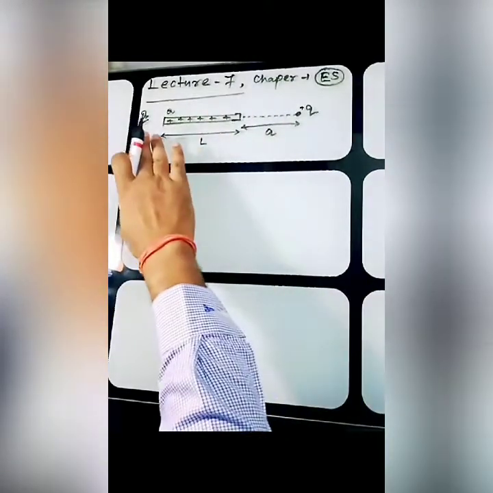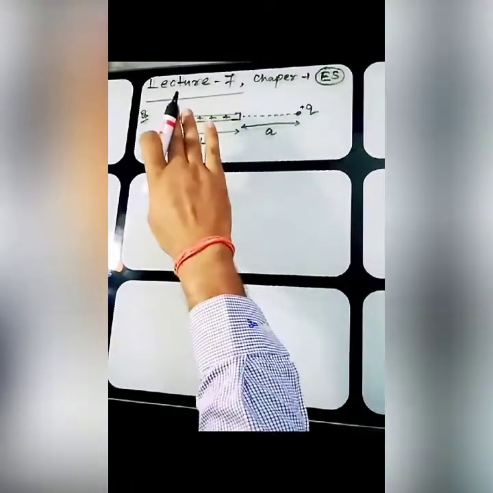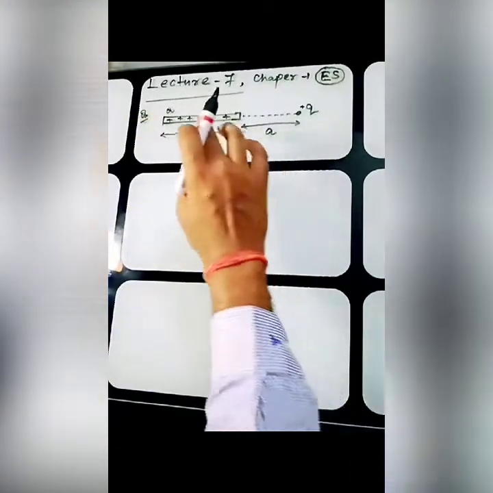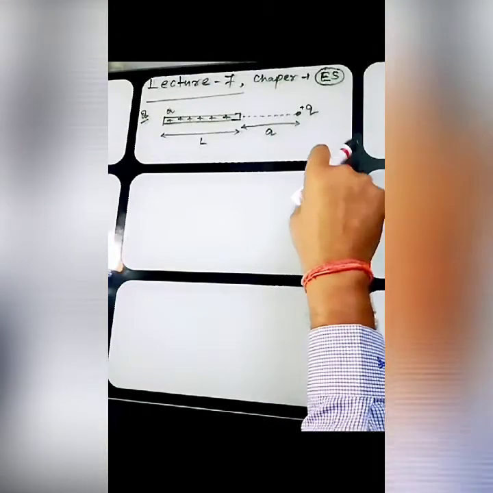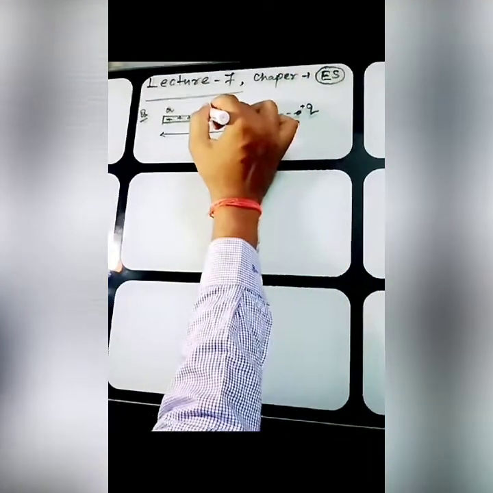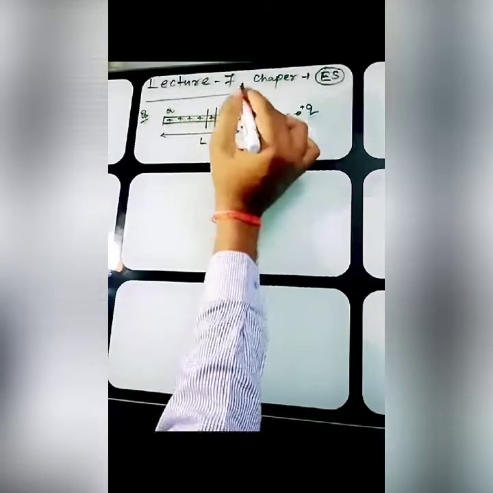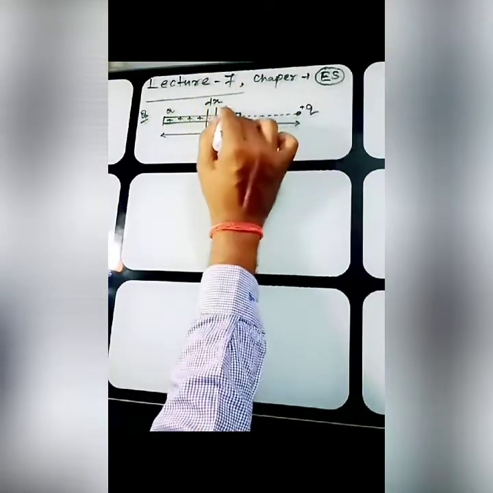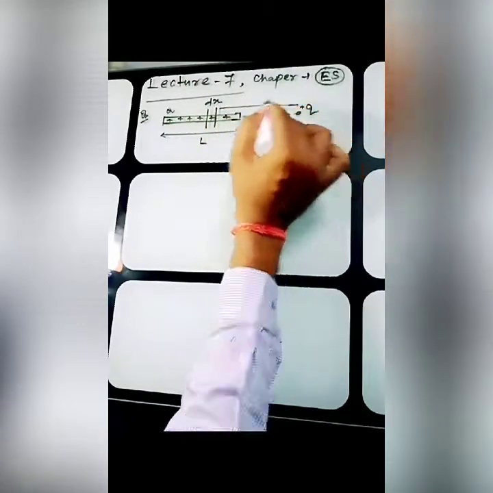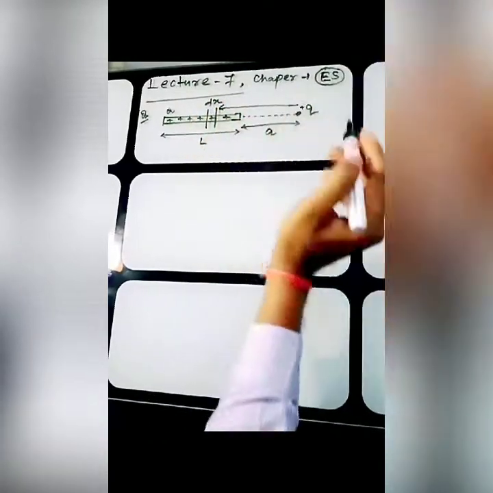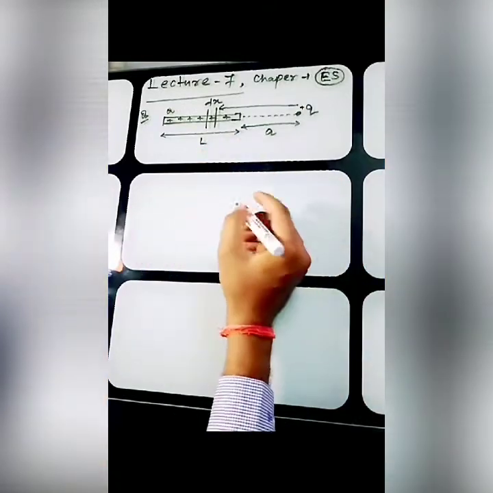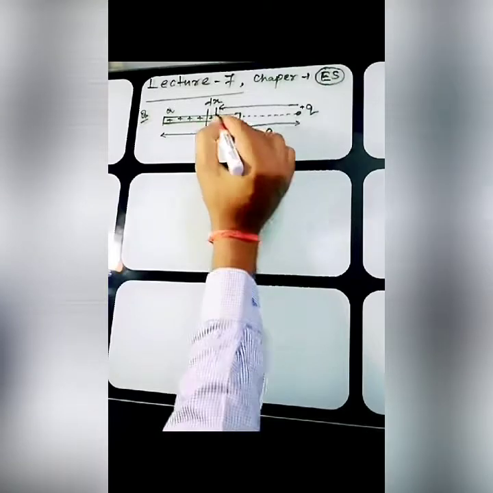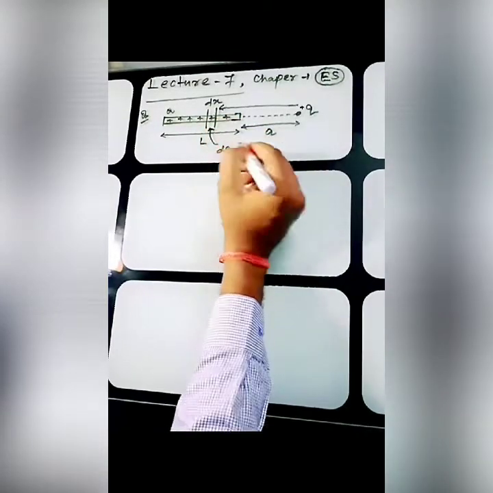So first we will try to find the elemental section of this rod. We will take an elementary length dx at a distance x from the charge q, and the charge on this elemental length will be dq.